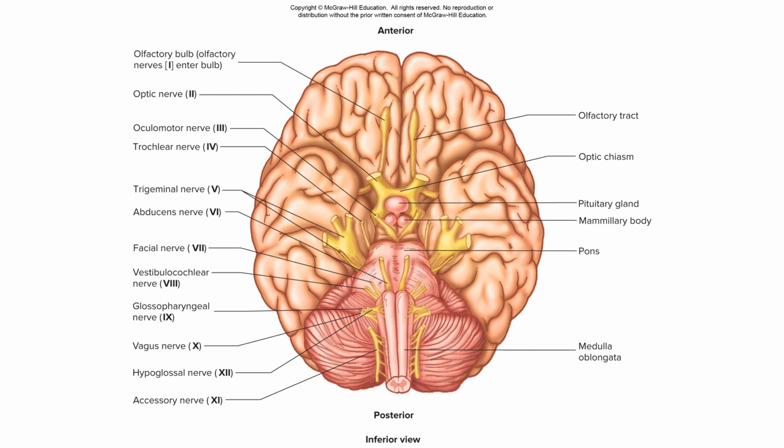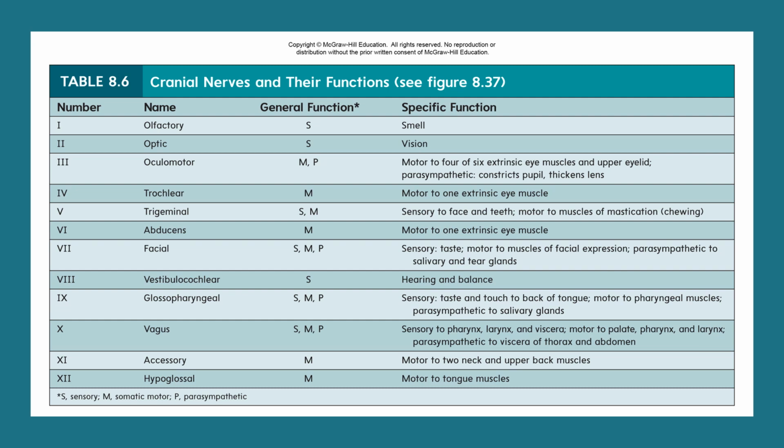And make sure that you'll be able to know if their function is motor or sensory. Okay, but it doesn't necessarily mean that each cranial nerve only has one function. Some of them can do both sensory and motor. Okay, so this is actually the summary of the cranial nerves and their functions.